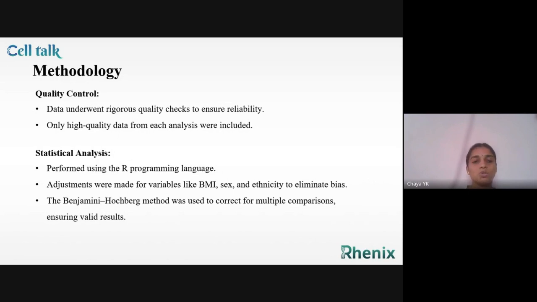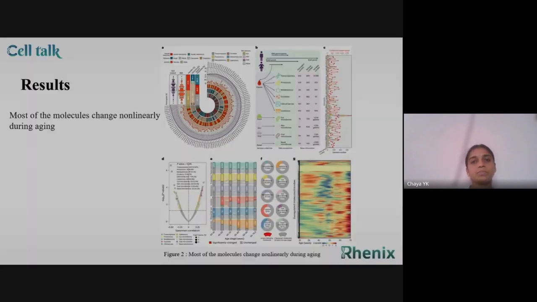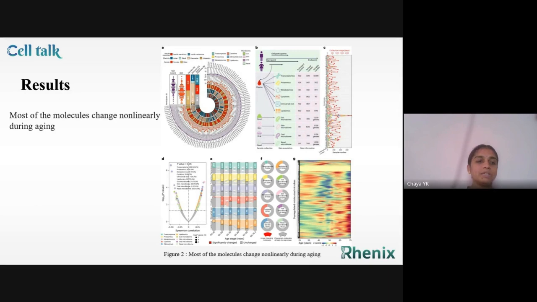The main goal was to identify specific molecules that became altered with age. This research provides valuable information that could help to improve our understanding of aging related diseases like diabetes and heart diseases.